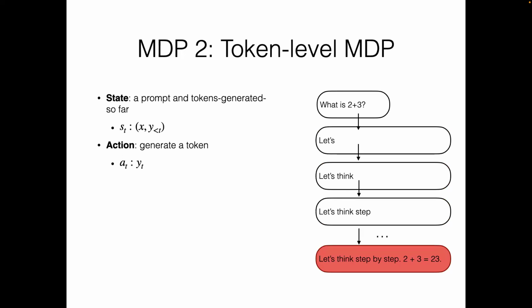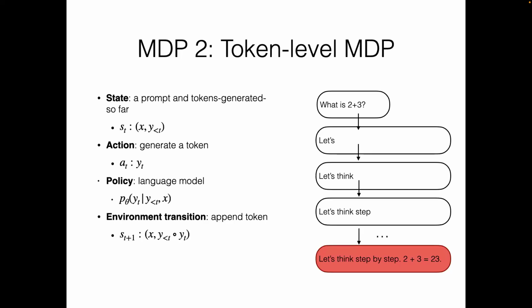And your action will be generating a next token. Again, the policy is a language model, but now you're viewing it in terms of these next-token distributions. And your environment transitions are, again, somewhat trivial in the sense that you're just appending the token to the previously generated tokens.